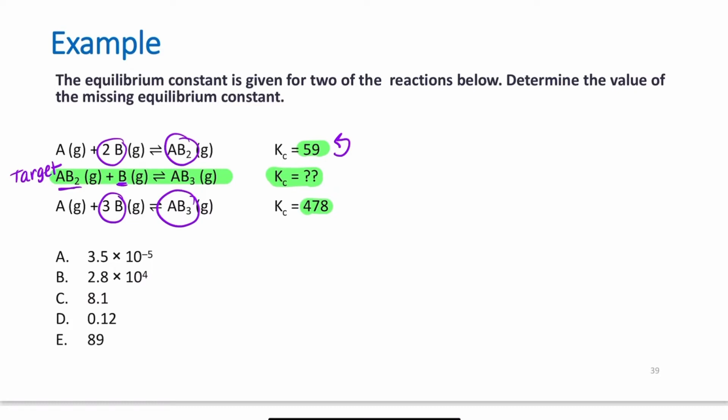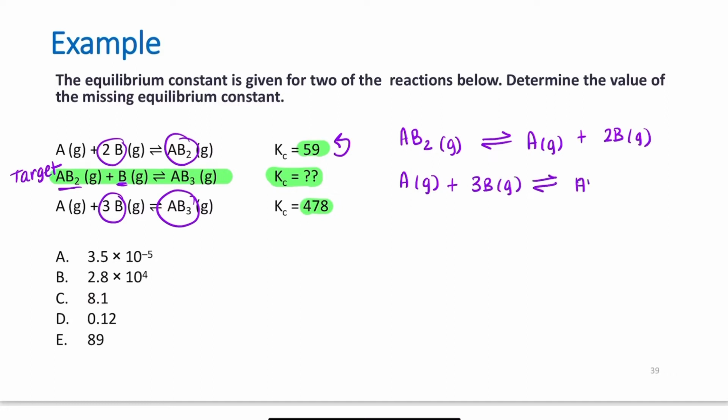Let's go ahead and flip around the first reaction: AB2 gas in equilibrium with A gas plus 2B gas. The second reaction is what I'm trying to find. The third reaction I'm going to leave as is: A gas plus 3B gas in equilibrium with AB3 gas.